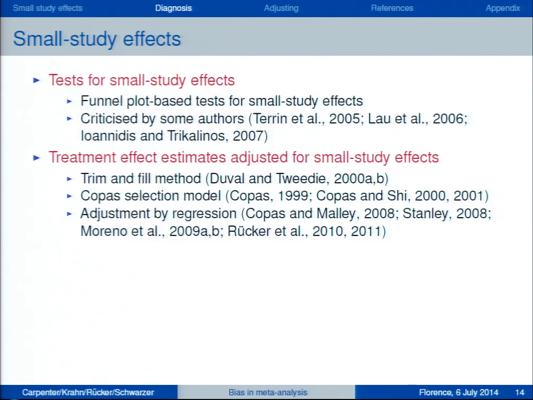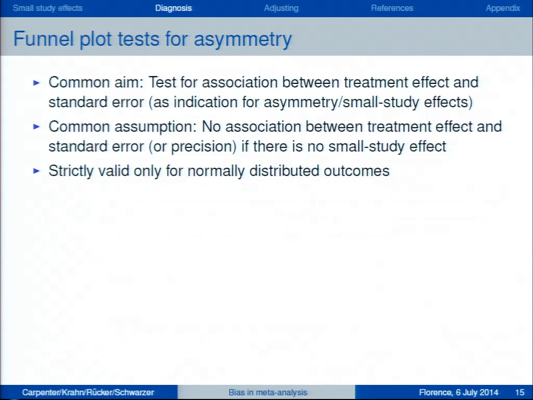So the common aim for the funnel plot tests is to test for association between the treatment effect and the standard error as an indication for asymmetry or small study effects on the funnel plot. The common assumption of these tests is that under the null hypothesis, there's no association between the treatment effect and the standard error if there's no small study effect, that is, simply no asymmetry.